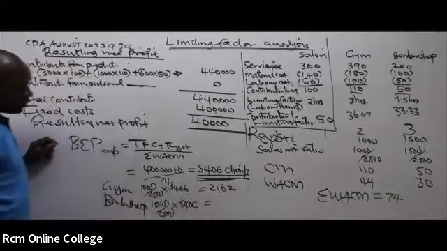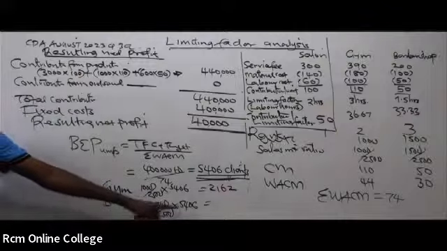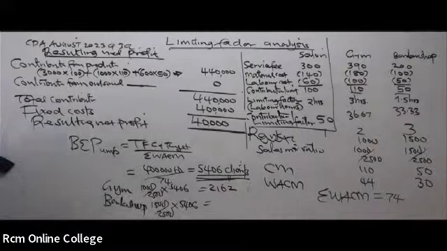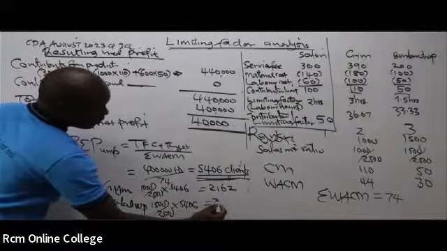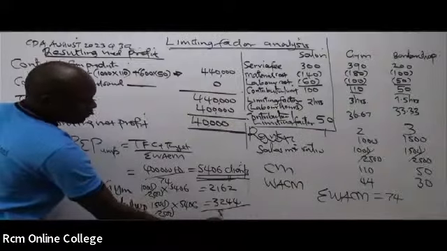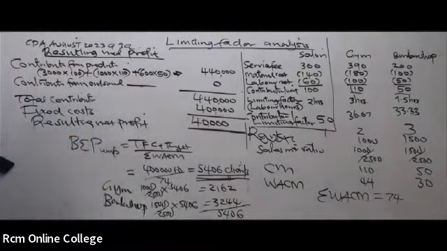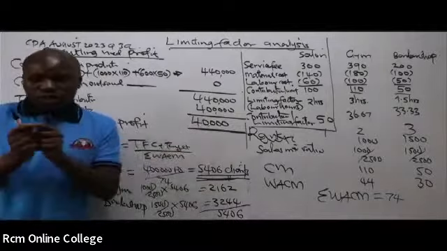Okay. The balance will be 1,500 over 2,500 times 5406, which is 3244. And of course, it gives you back the 5406.